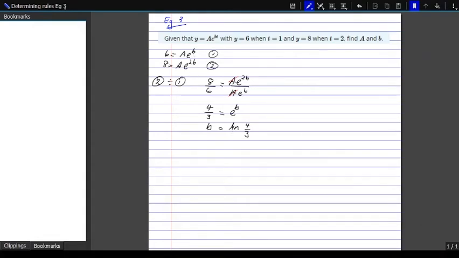Alternatively, we can go 6 equals a times e to the log 4/3, because our b value is log base e of 4/3. We could have directly replaced our e to the b with 4/3.